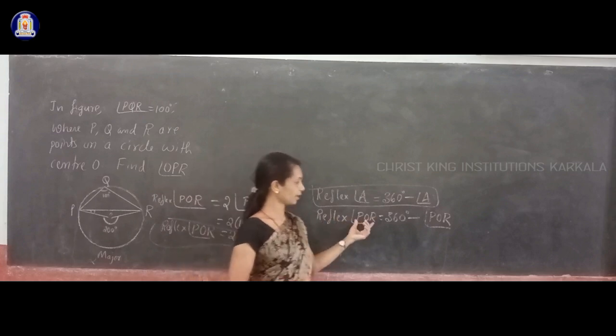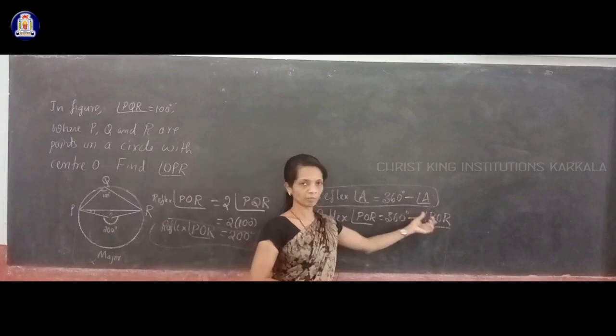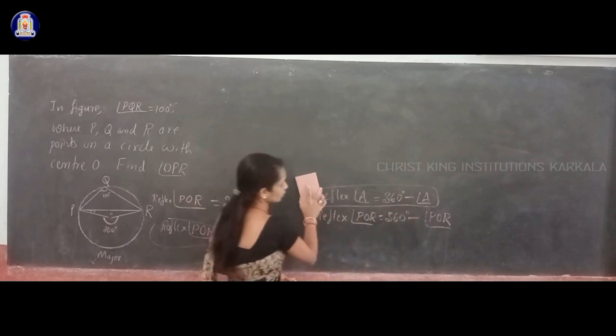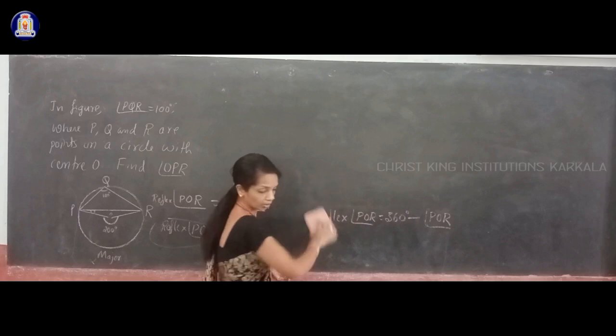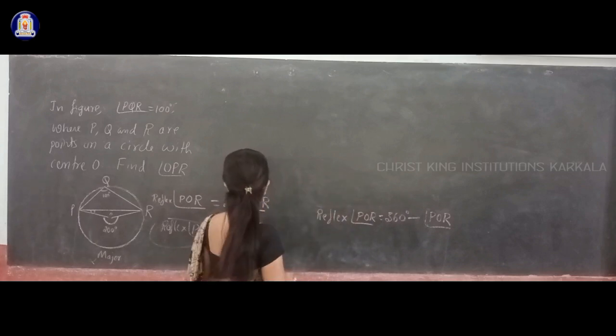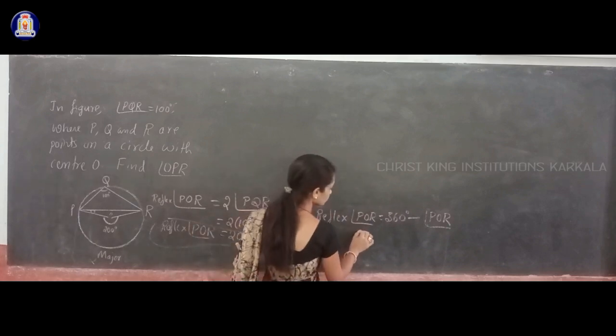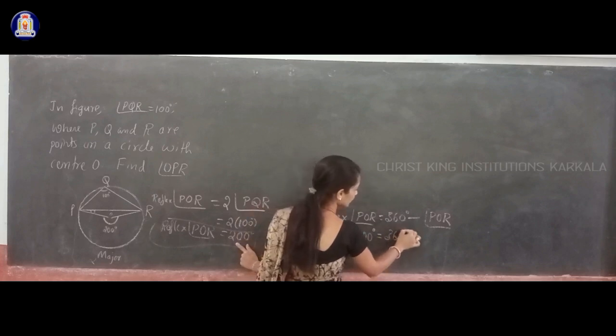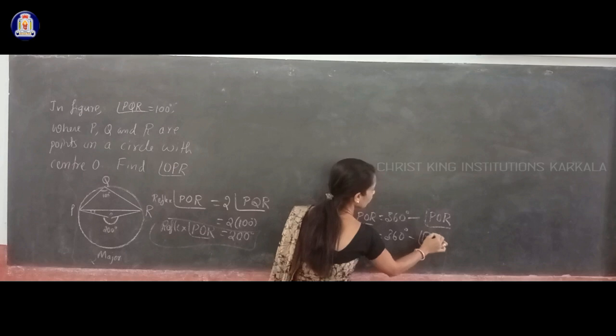Reflex angle POR is equal to 360 minus angle POR. We now know reflex angle POR is 200 degree, so 200 degree is equal to 360 degree minus angle POR.